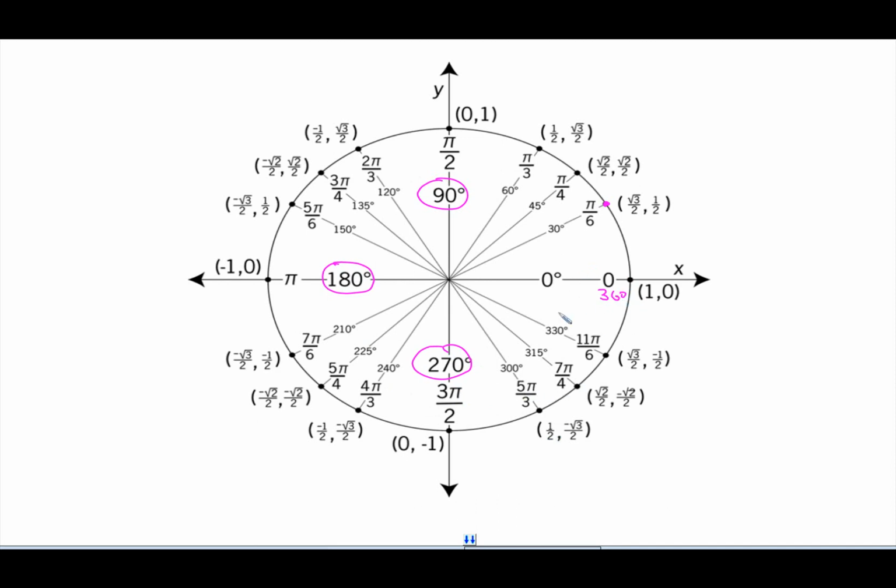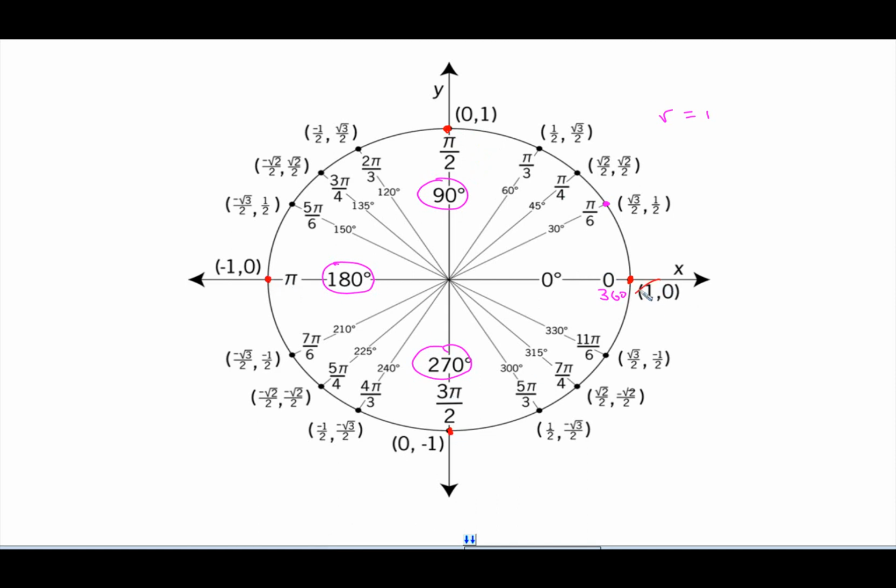And since this is a unit circle, the radius is equal to 1. So some key coordinates to remember are the ones at 0 or 360, at 90 degrees, at 180 degrees, and at 270 degrees.